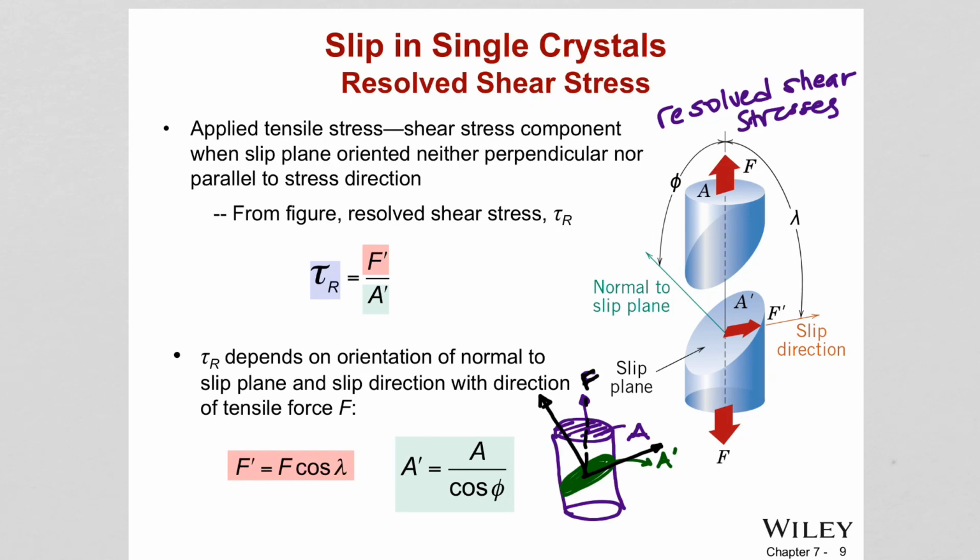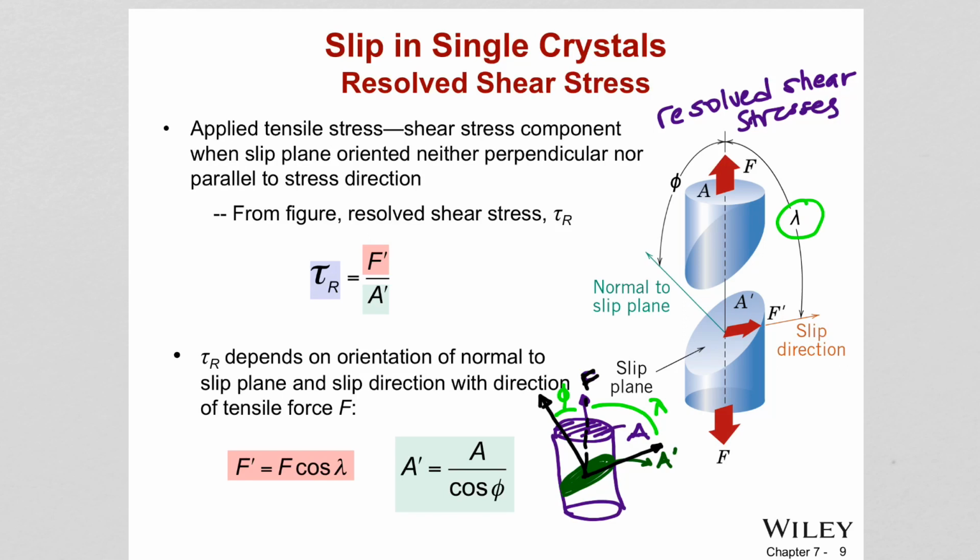The angle between the force and the slip direction is given as lambda. And between the force and the normal to A prime, the angle is phi.